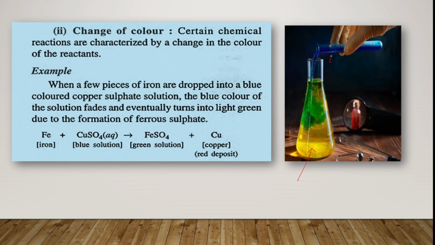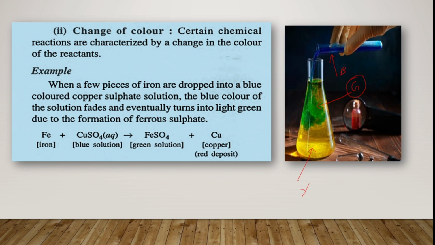Now what happens when the blue and yellow mix? We get a new compound which has green color. So this shows a chemical reaction has taken place, and we can easily identify it by the change in color.